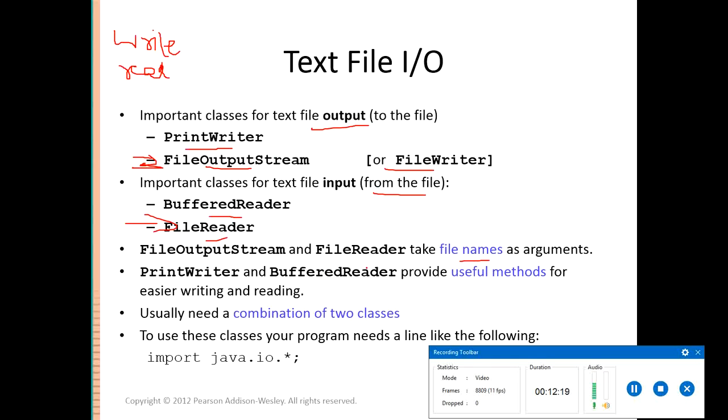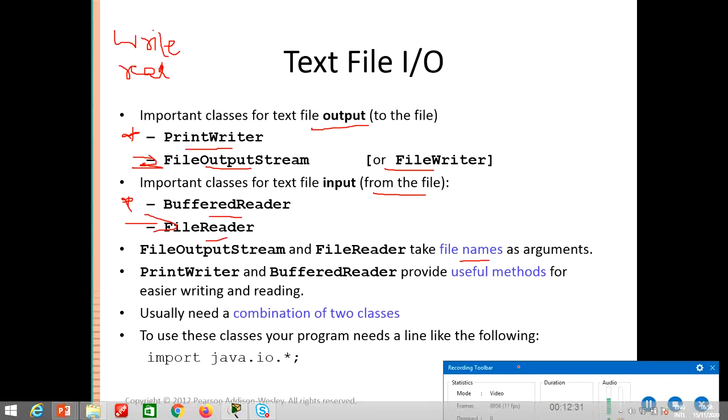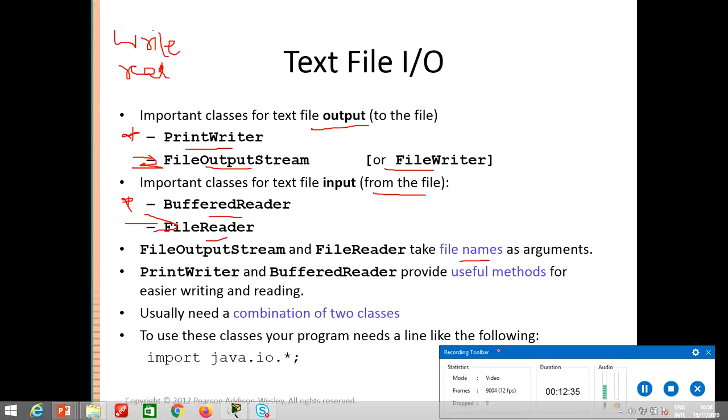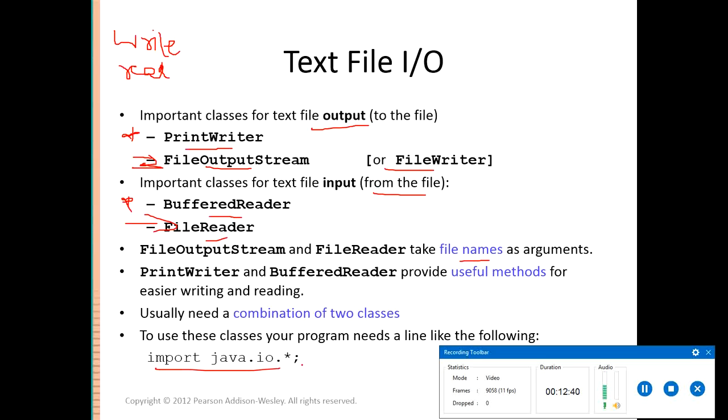PrintWriter and BufferedReader provide useful methods for easier writing and reading. Normally we need a combination of these 2 classes, and to use these classes you need to import java.io.*.